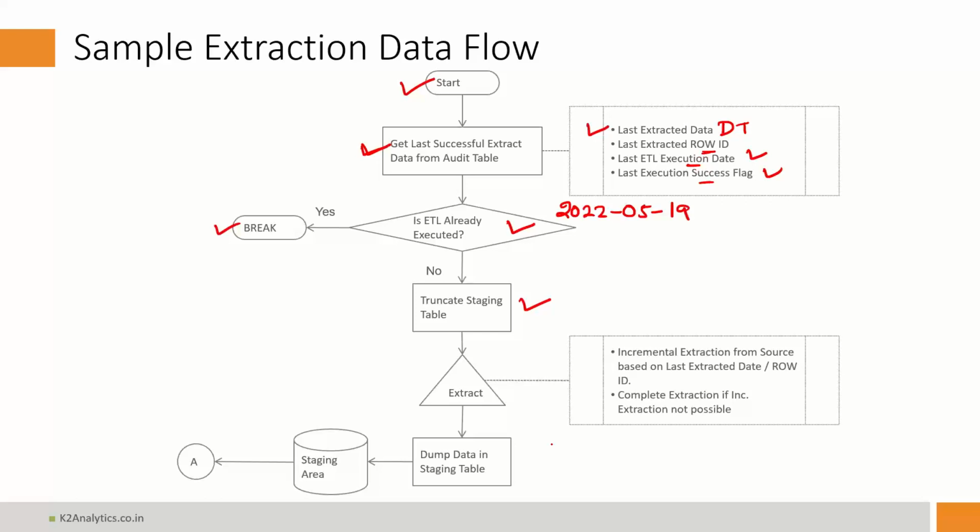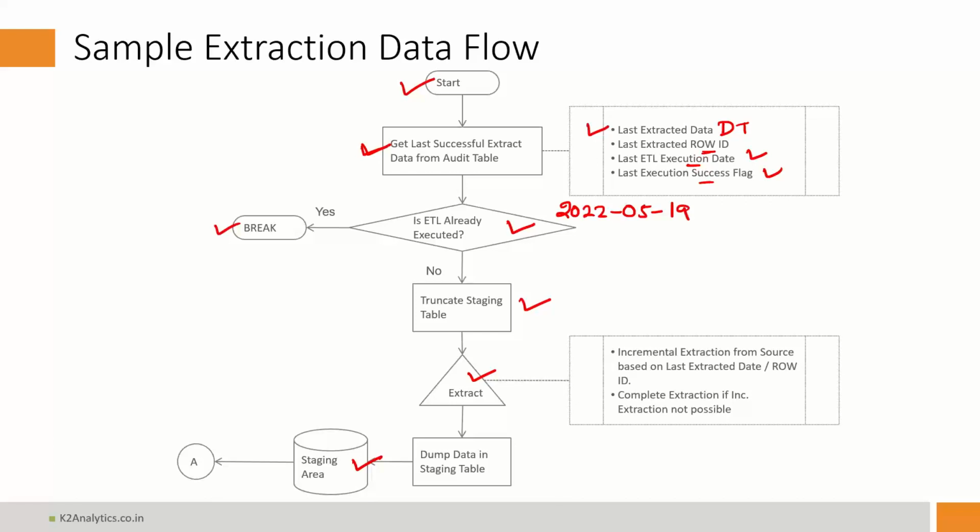And then you go ahead and extract data from the source based on the incremental logic, last transaction date time, the row ID, and whatever data gets extracted, you have to push it in the staging area. This is how extraction logic is written.